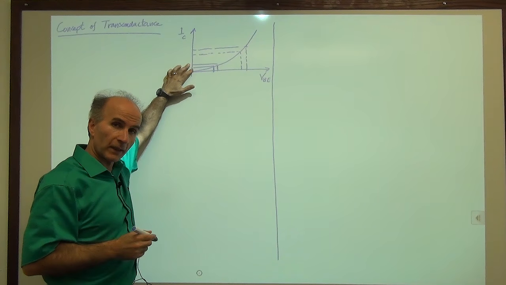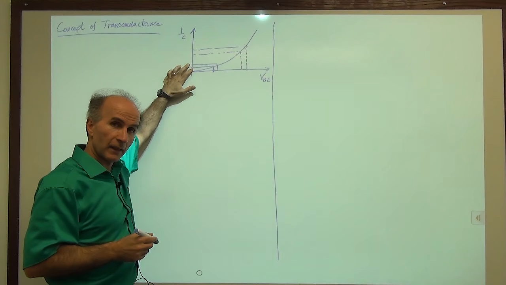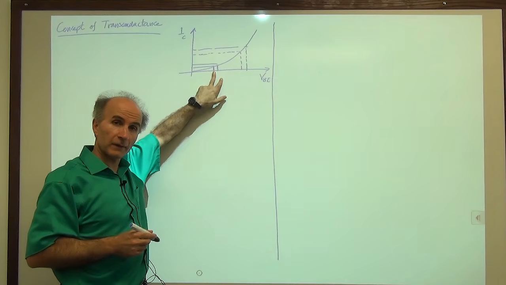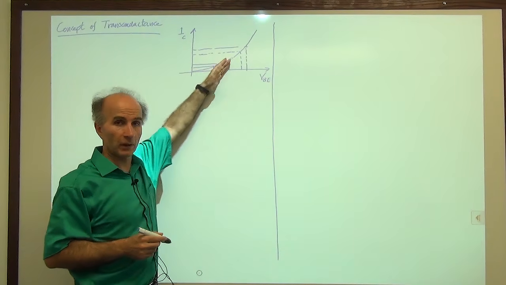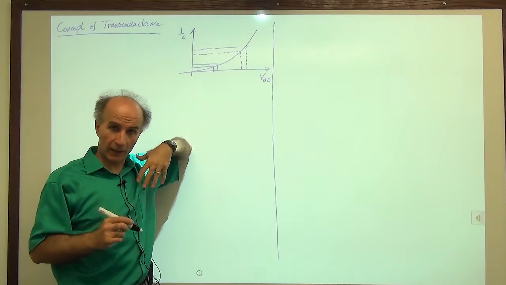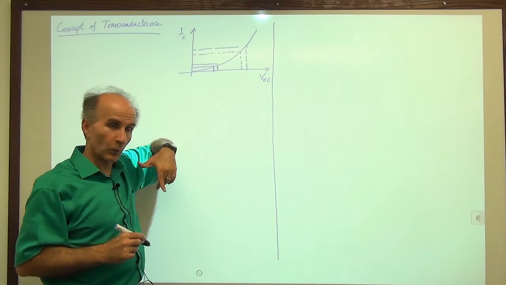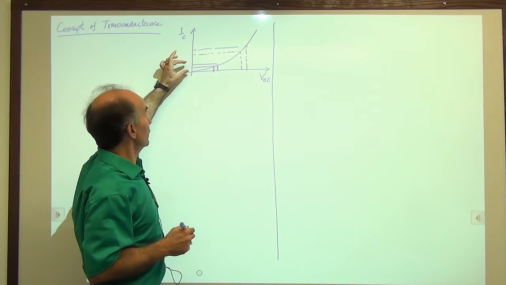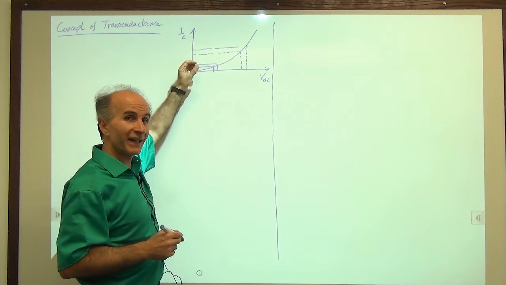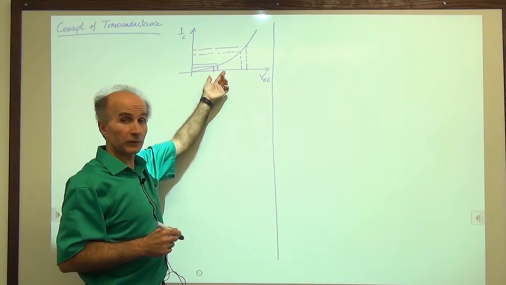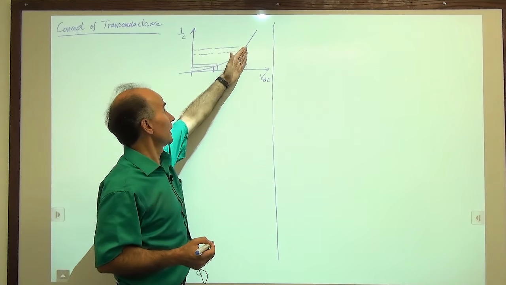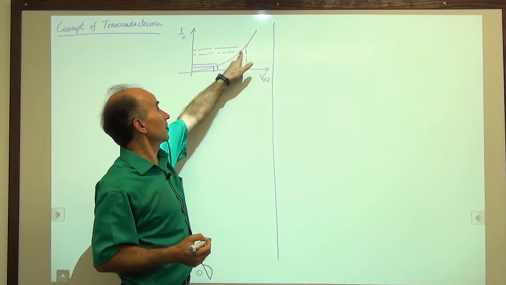What do we call that anyway? This increment divided by this increment, what is that called? That is called the slope of the characteristic, the derivative of the characteristic. So the amount of change in the current we get for a given change in the base emitter voltage, let's say 10 millivolts, becomes larger and larger as we go this way. The slope of this exponential increases.